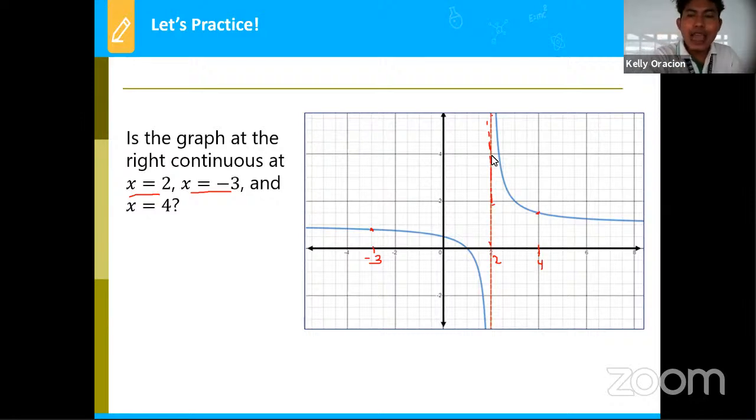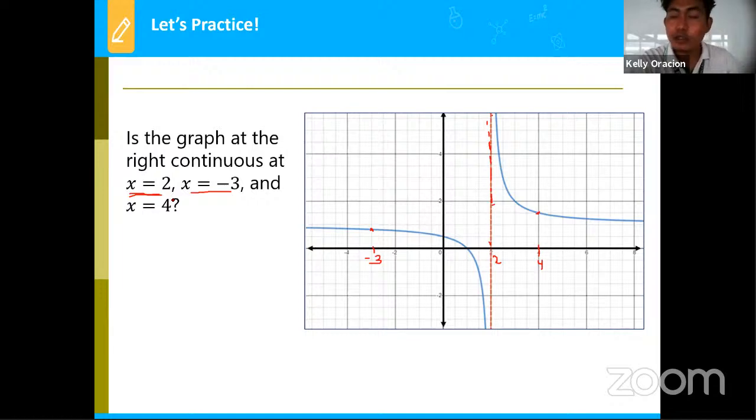So let's go back. X is 2, and x is 2 is your vertical asymptote. So automatically, that's discontinuous. Again, when it's a vertical asymptote, class, automatically that's discontinuous, not continuous. The graph is not continuous at x is equal to 2.